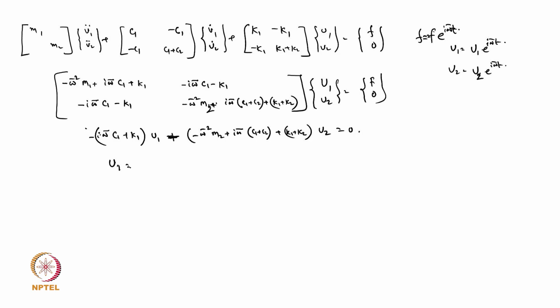My u1 will be this full thing, minus omega bar square (m1 plus m2) plus i omega bar (c1 plus c2) plus (k1 plus k2), divided by i omega bar c1 plus k1. Okay, that is my u1 in terms of u2. Perfect. Good. Yes.